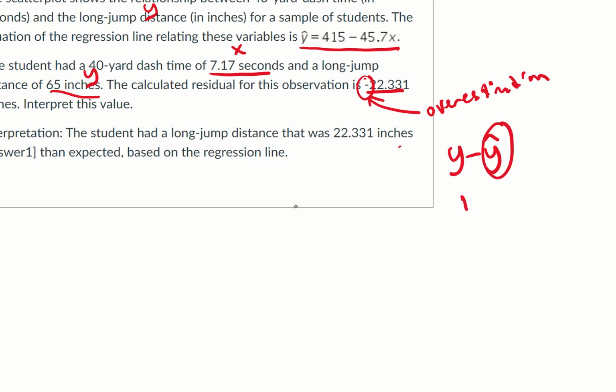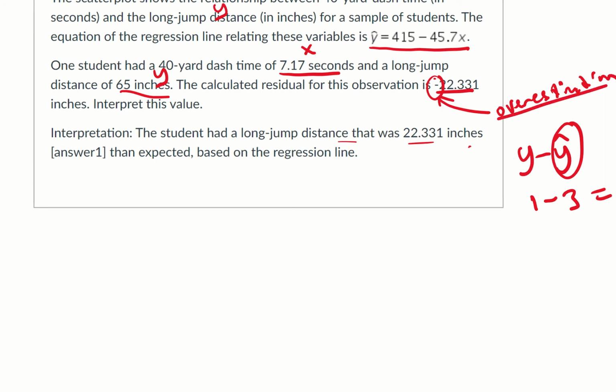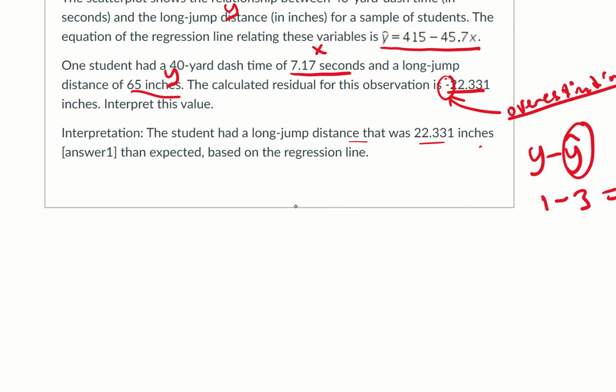Well, if the actual is 1, but you predicted it to be 3, then you over predicted, and so you're going to get a negative residual. 1 minus 3 is negative 2. All right, so the long jump distance was 22.331 inches less than expected. Because we overestimated, it was actually less than what was predicted based on the regression line.